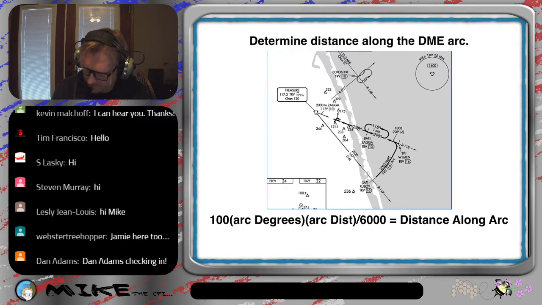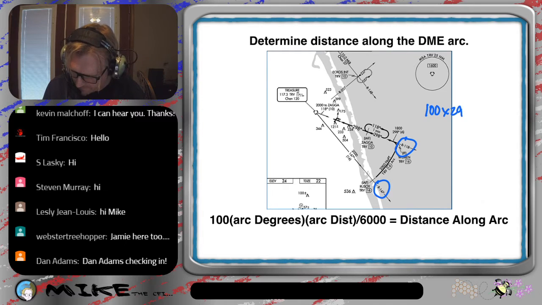So looking at this example here, we can see that we're going to take our 100 times the number of arc degrees. So you can see that this is the 147 and this is the 118. So if we take our 147 minus 118, we got 29 degrees, times the arc distance, which is shown right here.